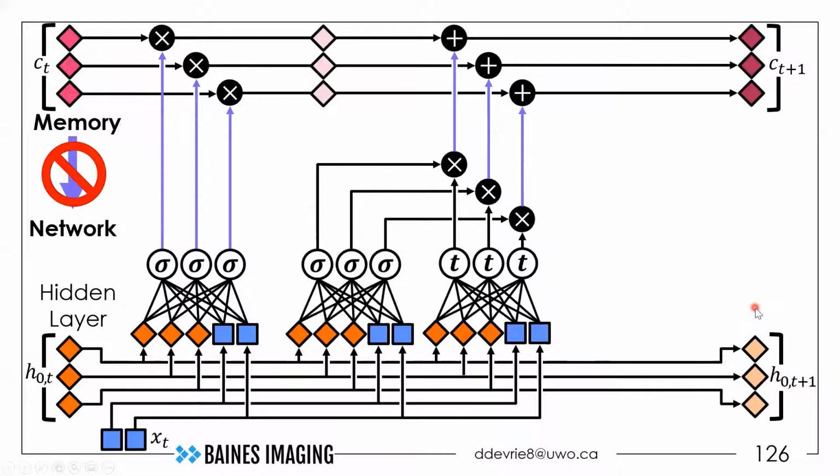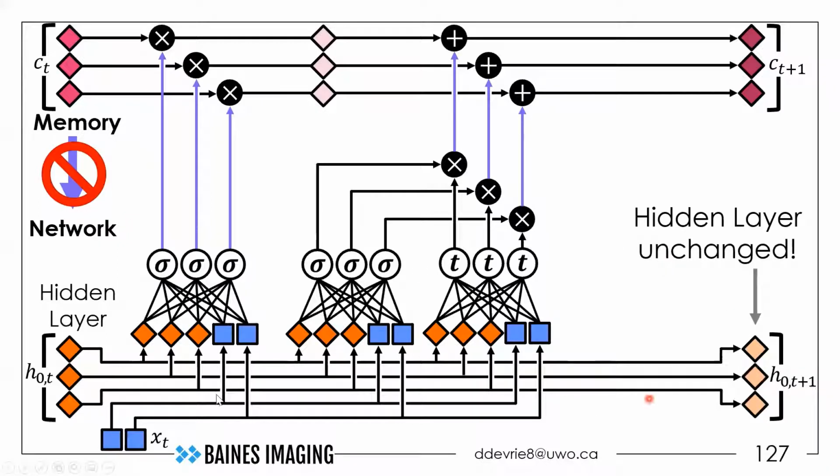And in particular, that's a problem because our hidden layer here is going to be our output at the very end of our network. And if this hidden layer never gets data from our memory, there's no real point of even having that memory. We're never using it. So some way we need to be able to get values from our memory into our hidden layer.